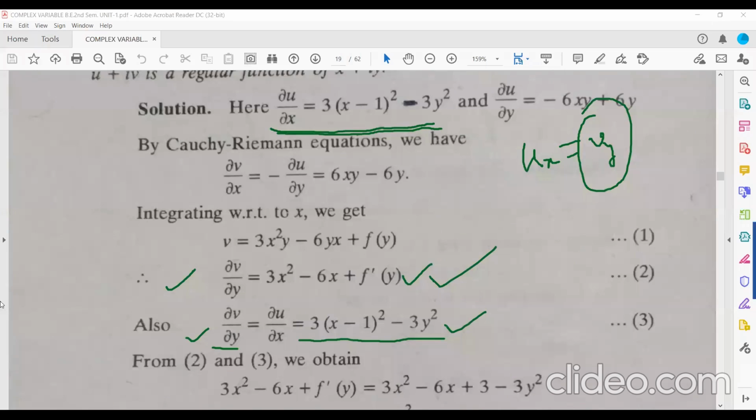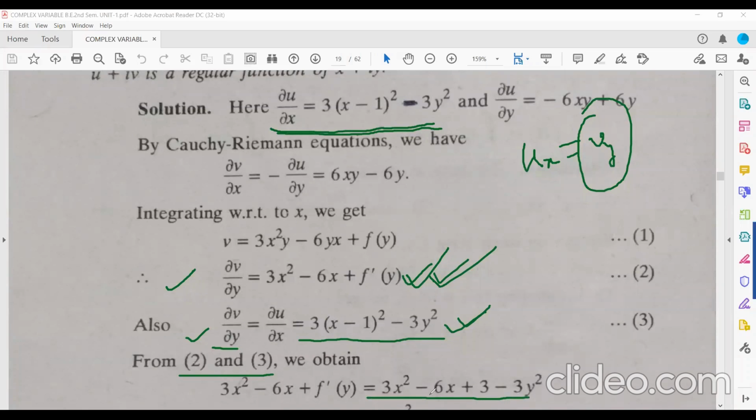So from equation 2 and 3, just compare this. Since the left hand side is equal, the right hand side must be equal. So 3x square minus 6x plus f dash y is equal to this, which you have got here.